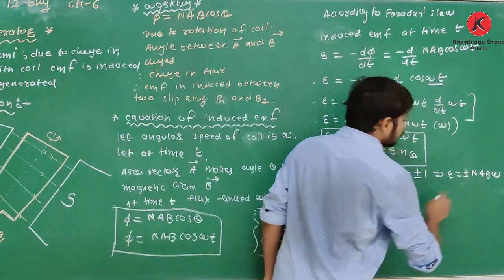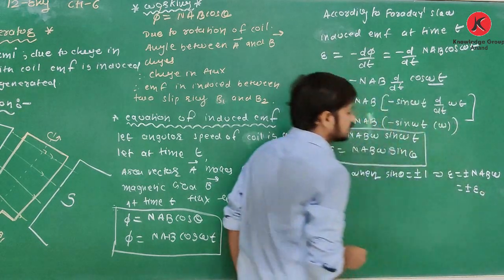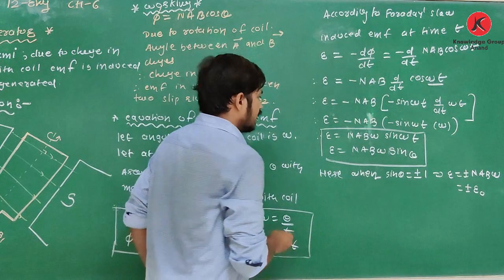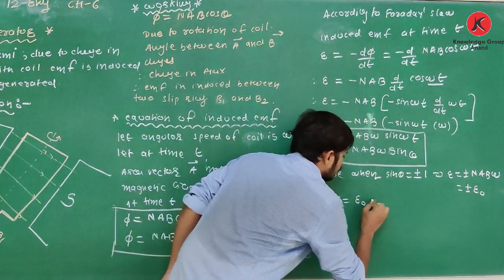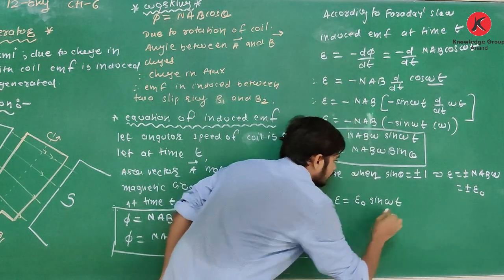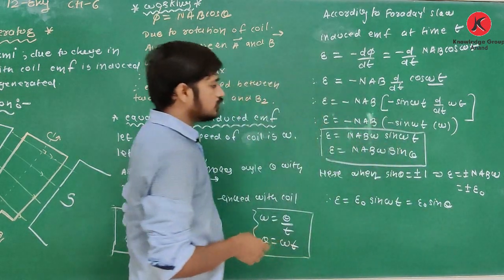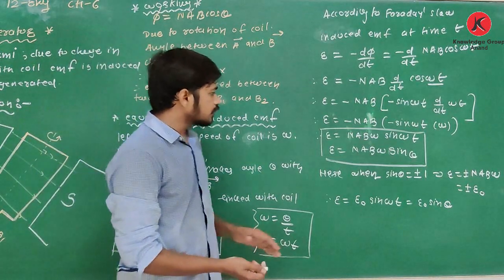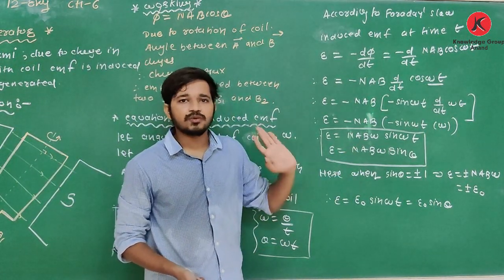So E is equal to plus or minus NAB omega. Clear about this? So I can write this equation as E is equal to E0 sine omega t. Clear about this?